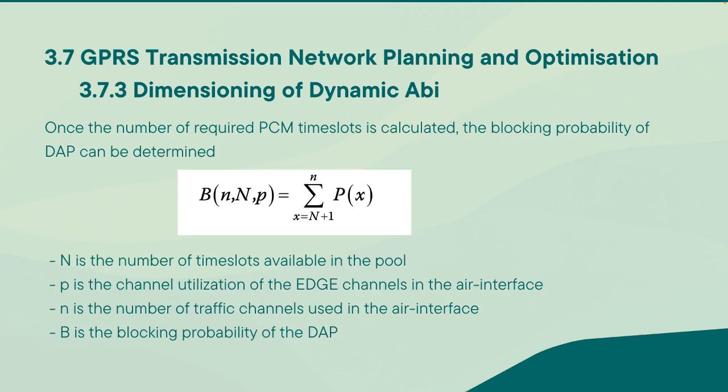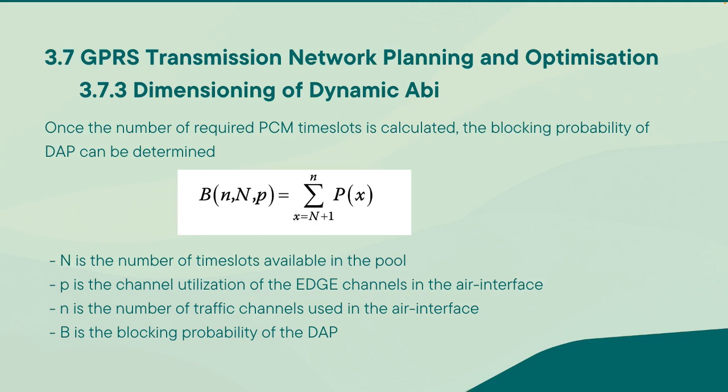So this is a formula that we use to calculate the PCM time slot, so DPA that we can determine. N represents the number of the time slots available in the pool.